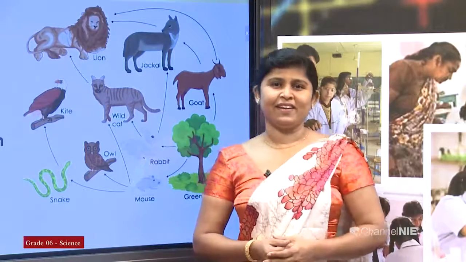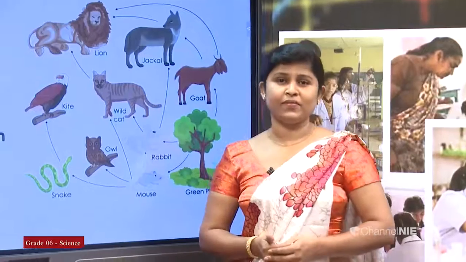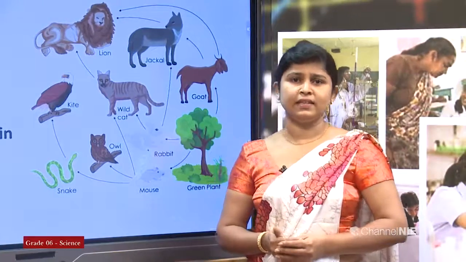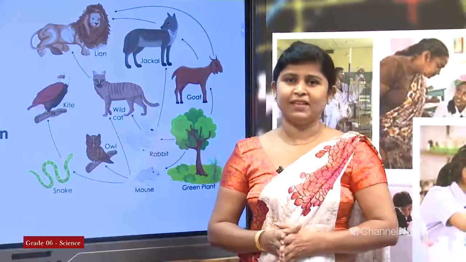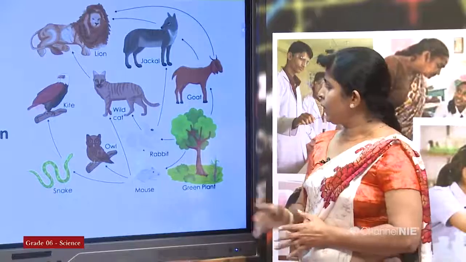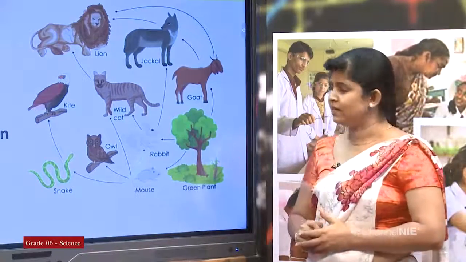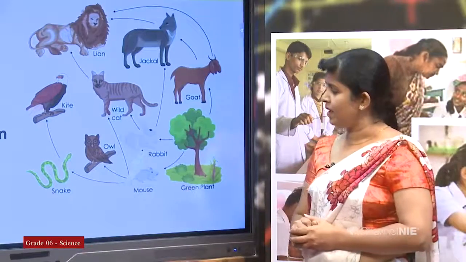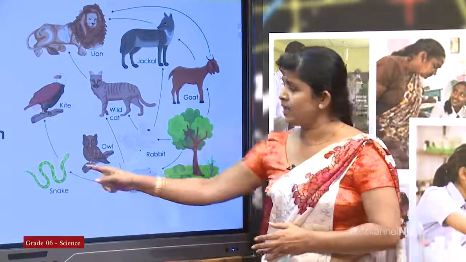Okay, my dear children, now I have given you another food web on the screen. You have to identify the food chains that are connected to form the food web. I will help you. Okay, let us do the activity. You can see there is a green plant. The green plant is consumed by the mouse and the mouse is consumed by the owl or snake.